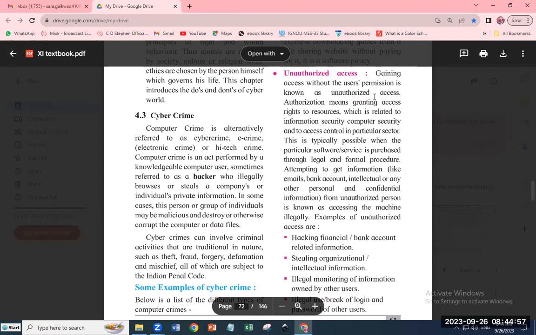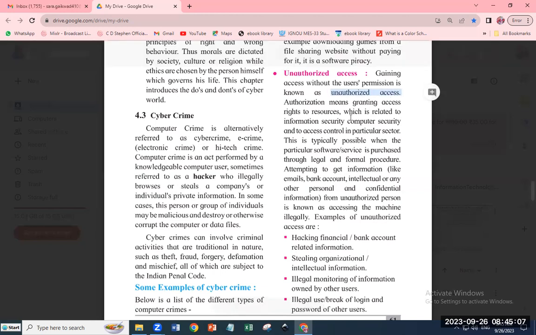He does not have the permission, but is still accessing it, so he is an unauthorized user. Authorization means granting access rights to resources related to information security or computer security, and to access control in particular sectors, right?